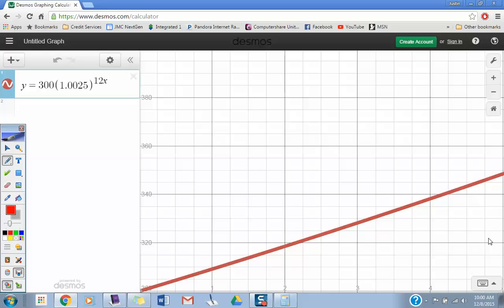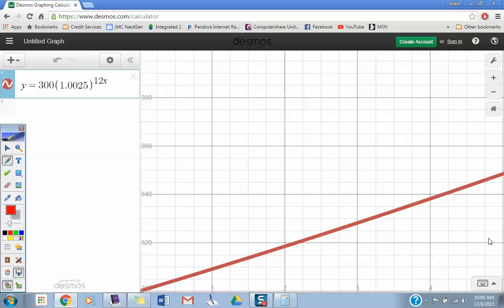All right, here's a graph right here that represents the first one. This here is my 3% graph compounded monthly. And exactly what we expected to happen. Starts at 300, value starts rising. So I want to know if that's better than 4% annually.